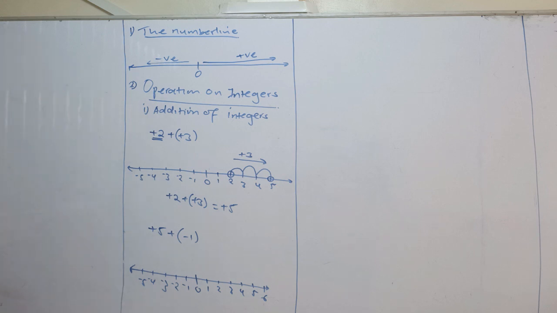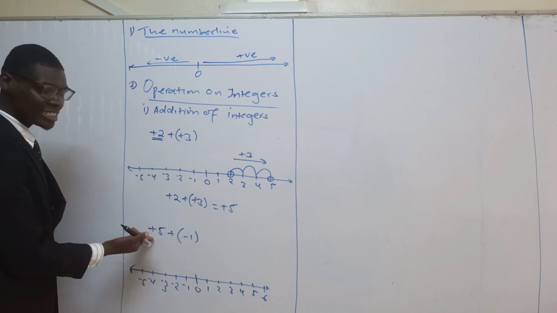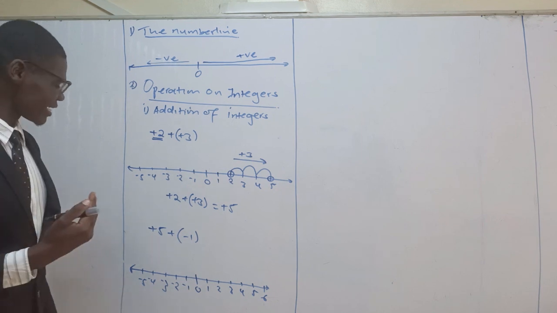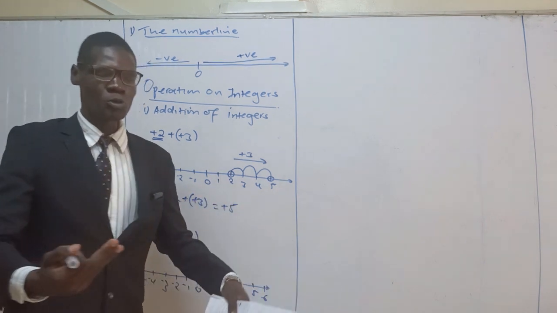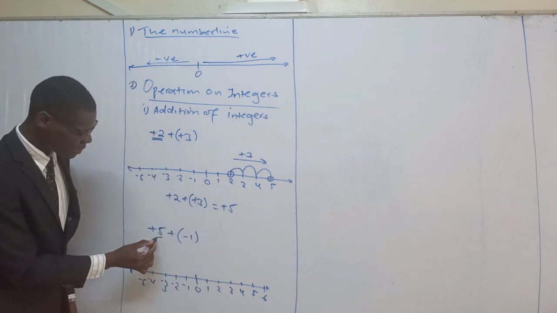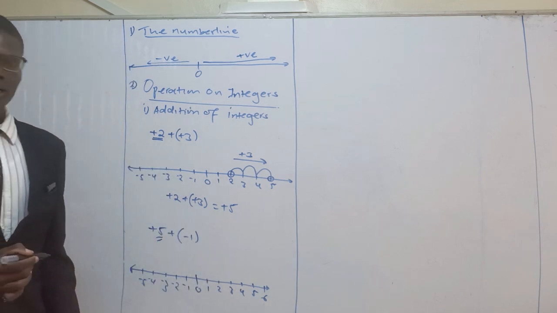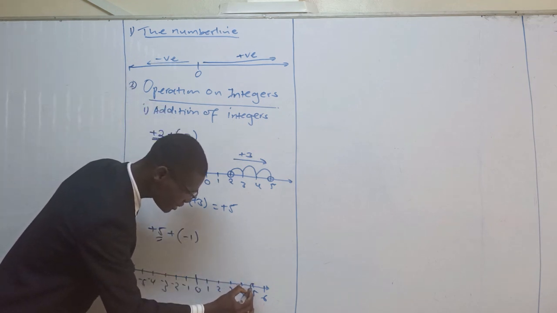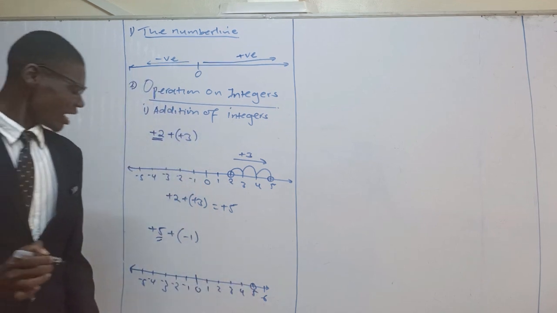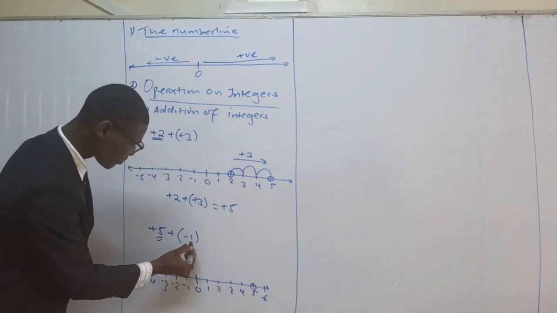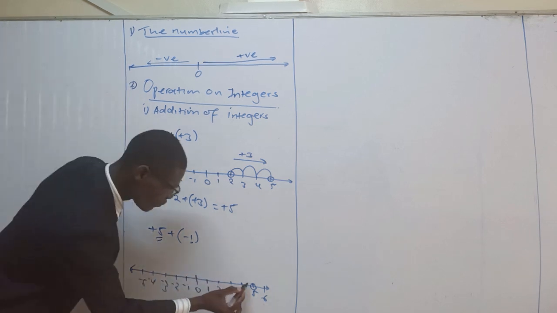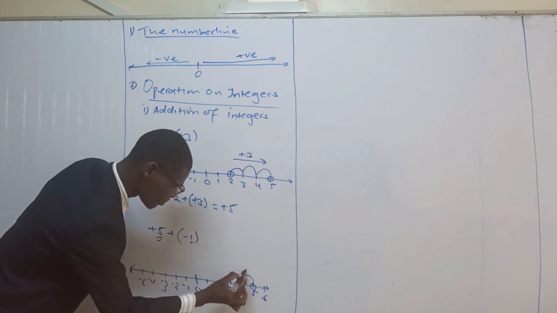Now, we are adding a negative 1 to a positive 5. I said we go to the number to which we are adding another number. In our case, our number is positive 5. So we go where the positive 5 is. Then we move 1 step to the left.